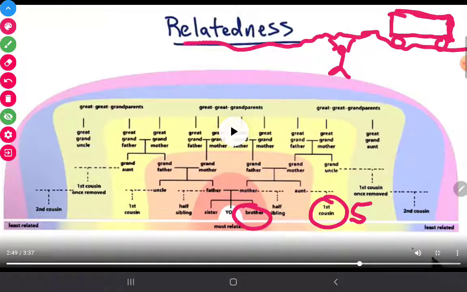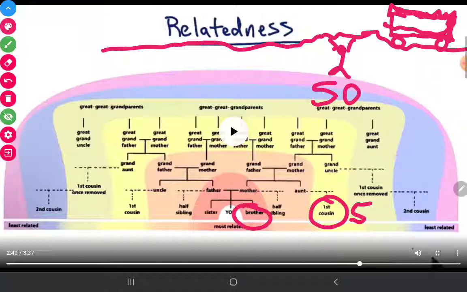Anyway, let's say that one's hanging off a cliff, and this van is on fire. Do I help my 5 cousins, or do I save my one brother? So my one brother is 50% related to me. My cousins are 12.5%. But there's 5 of them.